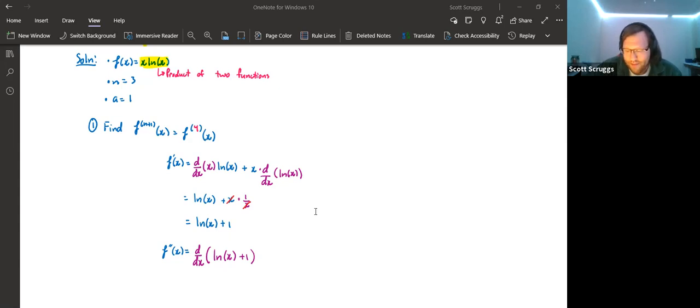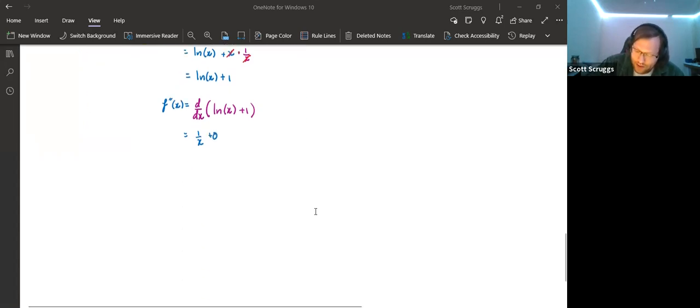The derivative of a sum and difference is the same as taking the derivative of each component, then adding them up at the end. The derivative of natural log will be 1 over x. The derivative of 1, since that is a constant, would be 0. So I just have 1 over x.